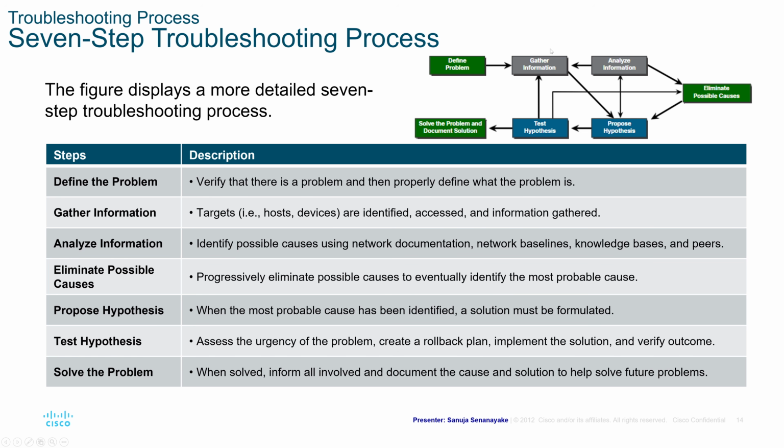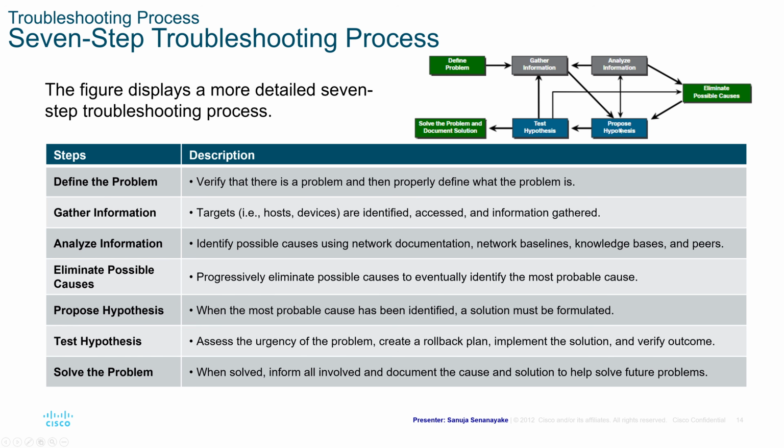So on the top right-hand side of your screen, you have this flow chart with arrows pointing at it. Let's look at it in a little more detail than just the description. You start with defining the problem. Then you gather the information, and then you find a hypothesis based on that information.